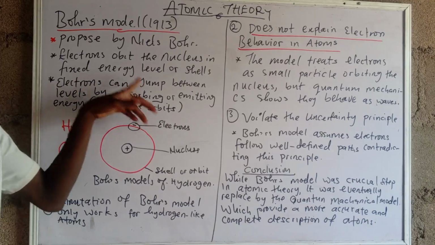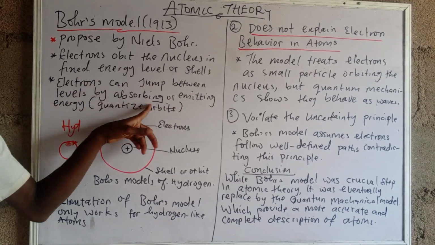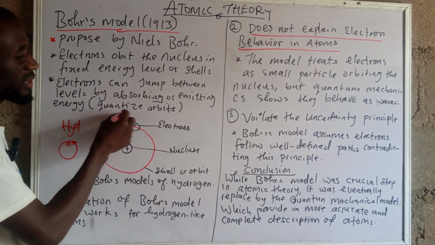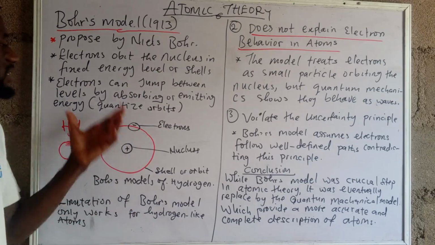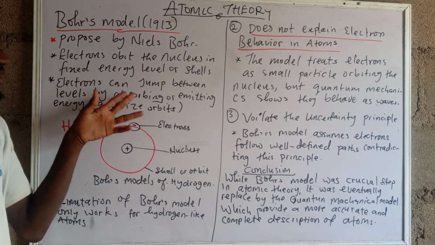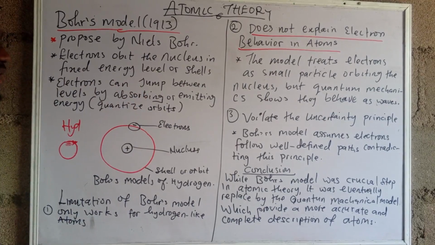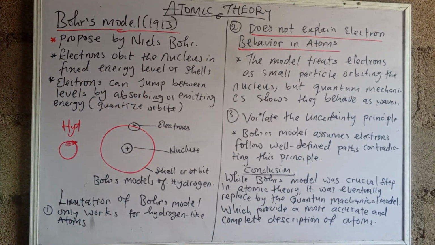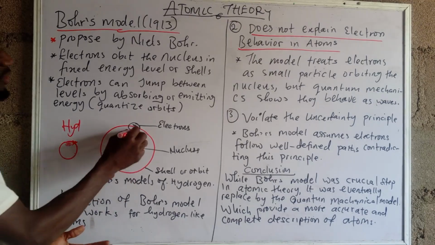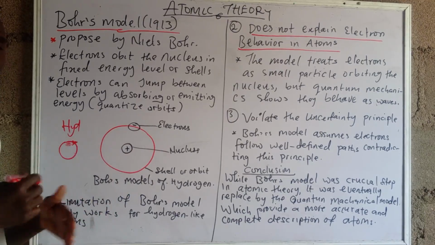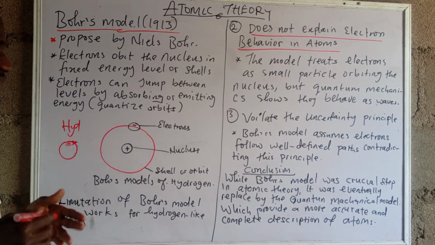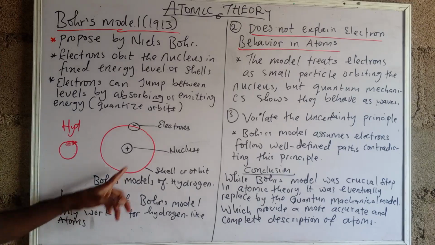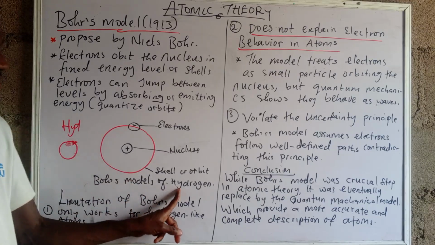Also, the electrons can jump between the levels by absorbing or emitting energy, that is quantized energy. They just continue their movements until they reach a certain level without going outside the shell, isn't it?